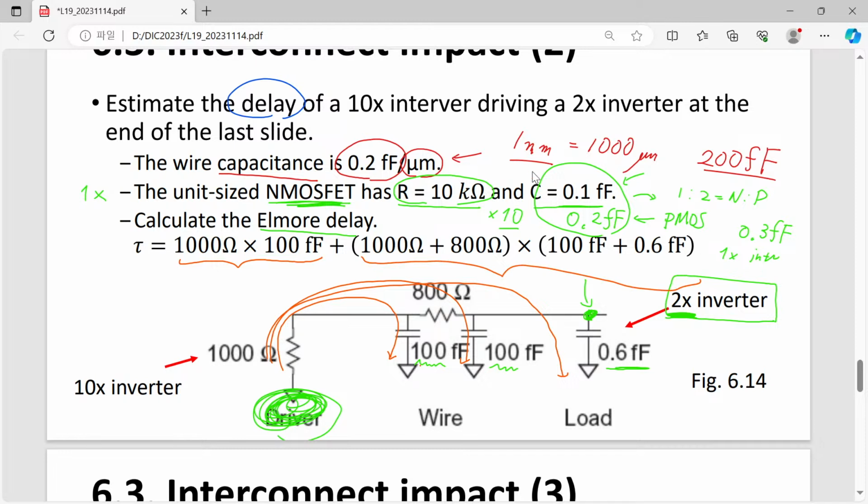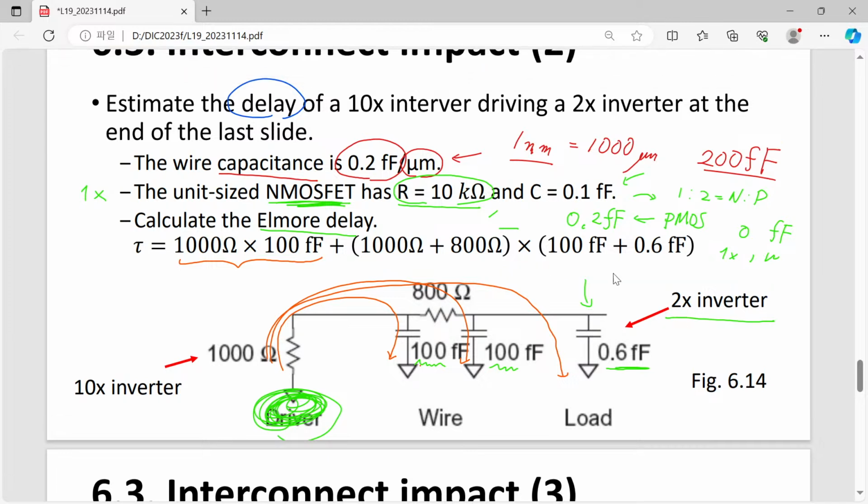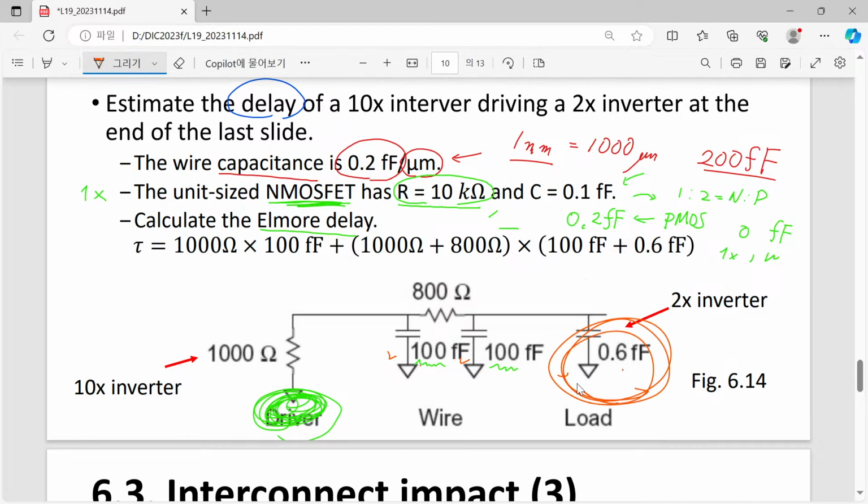And the point is, what is the contribution of our load inverter? Here we have certain numbers, quite large numbers, but what is the real contribution from this 0.6 femtofarad?